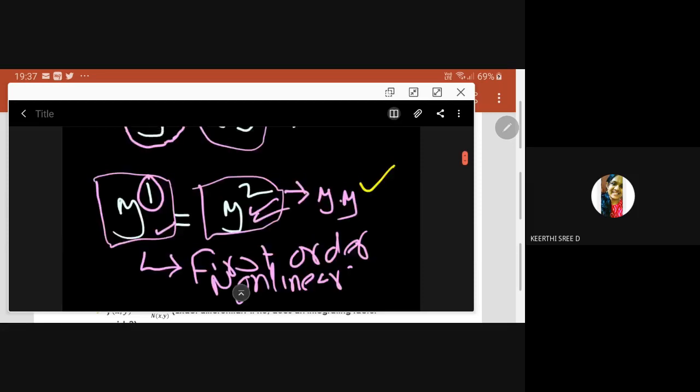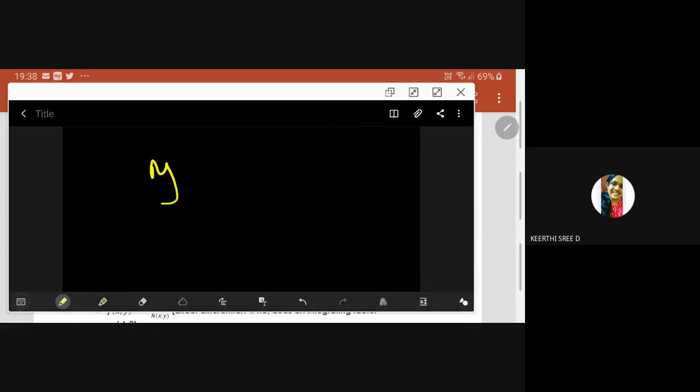I will bring that to the end. y dash is y square. I'm writing it like this. See, this is first order.